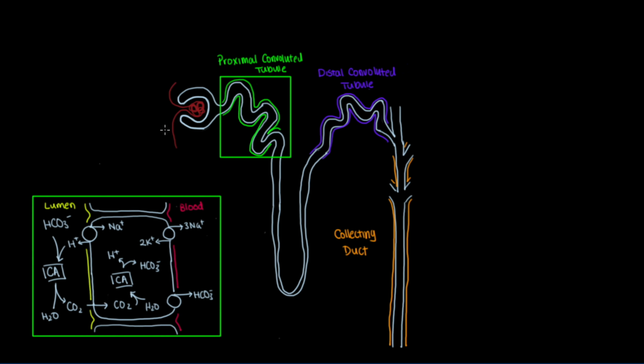So first, I would like to talk about the proximal convoluted tubule here, and I've drawn out a zoomed in diagram of what happens at the wall of the proximal convoluted tubule. Just to orient you, this lumen side is where the soon-to-be urine is flowing through.